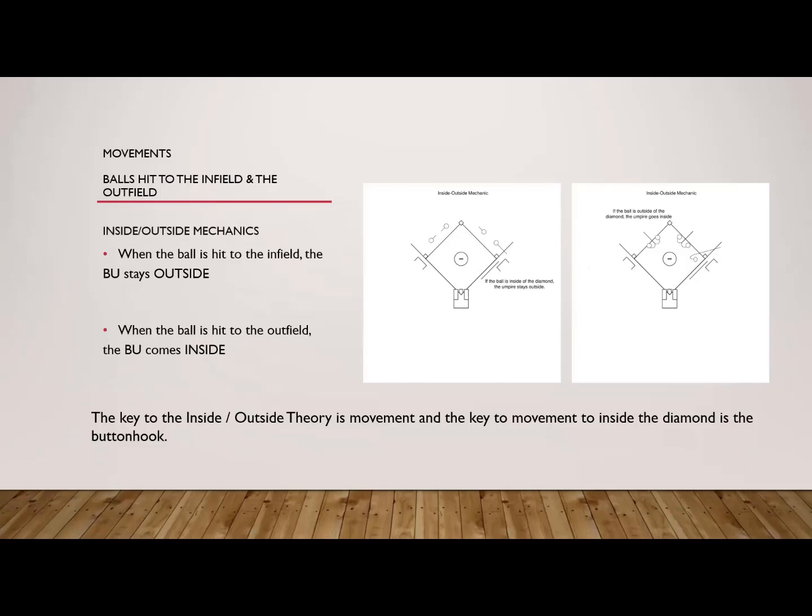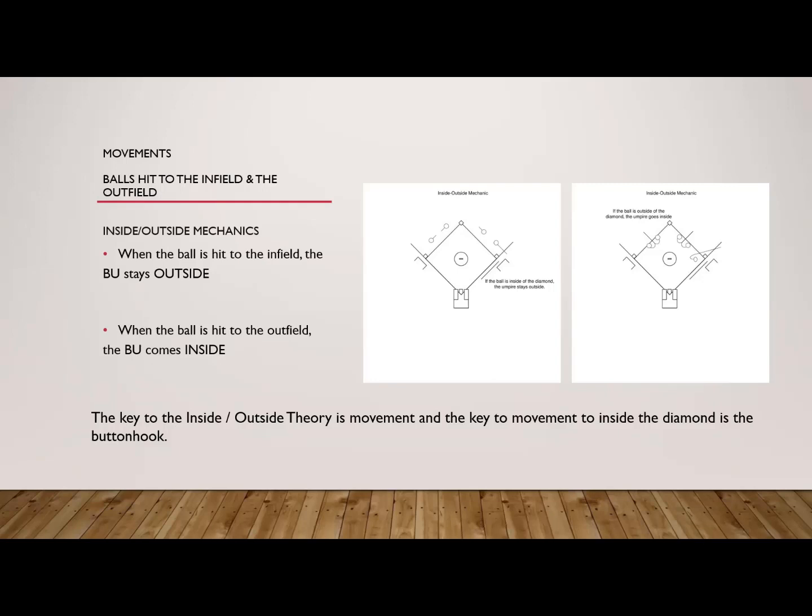Linda, when I say to you, can you explain to me the inside-outside mechanics? What does that mean? Inside, outside. Well, Brian, it is basic. Pretty much when the ball is in the infield, the base umpires will remain on the outside of the infield.